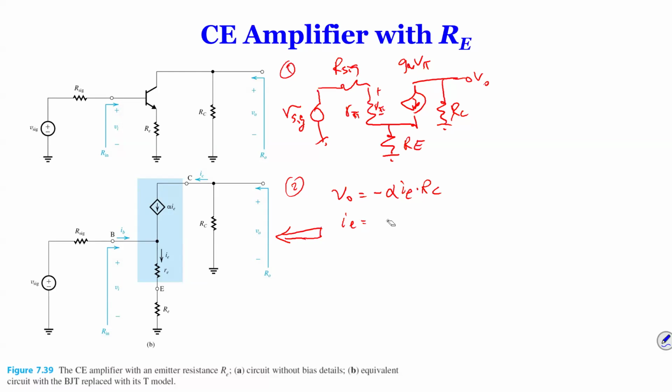Now, to find IE, you need to find the voltage over here. What we have is a V sig over here. Even though we can write a loop equation on this circuit, remember they don't have the same current. So this is IB, but this is IE. So if we write the loop equation on that loop, this is equation number 2.